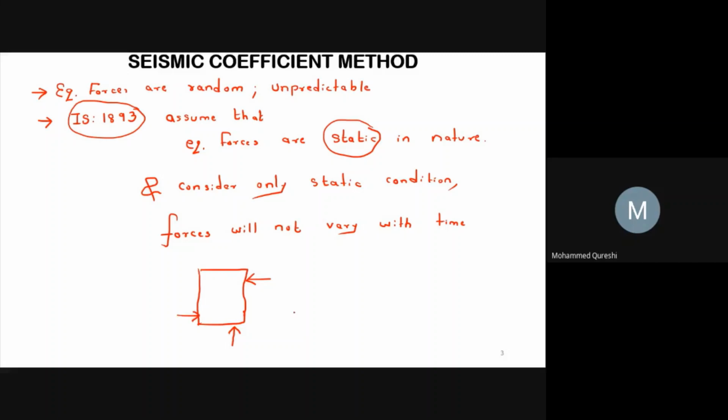So the earthquake forces are lateral forces, which normally act from any orthogonal directions. Hence, we have to study such type of forces in this chapter.